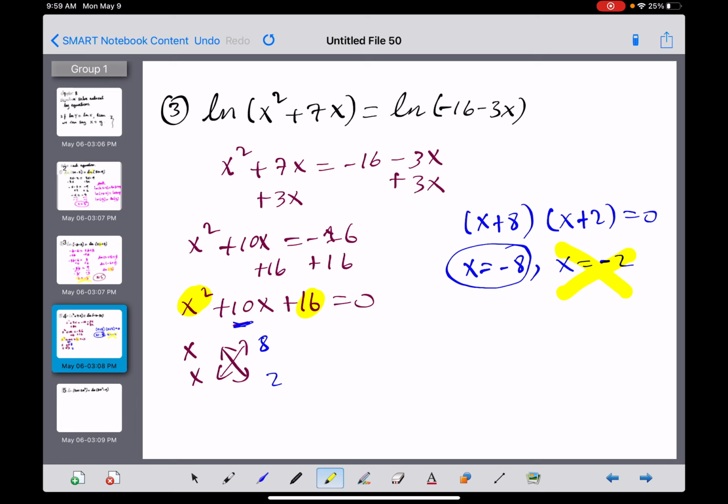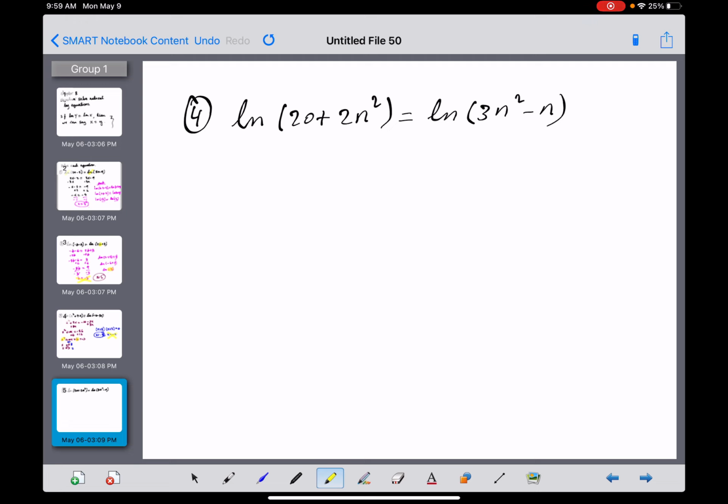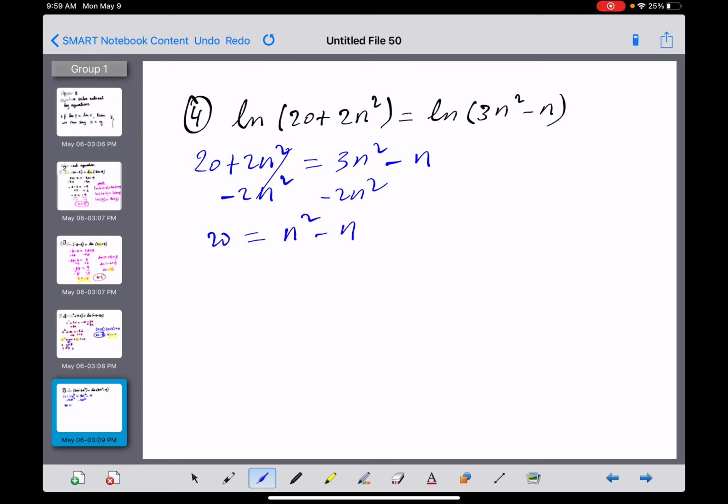Okay, let's move on to the next one. Same thing. We have 20 plus 2n squared equal to 3n squared minus n. So I'm going to subtract 2n squared from both sides. Then I have 20 equals n squared minus n. And then subtract 20 from both sides. I have 0 equals n squared minus n minus 20.